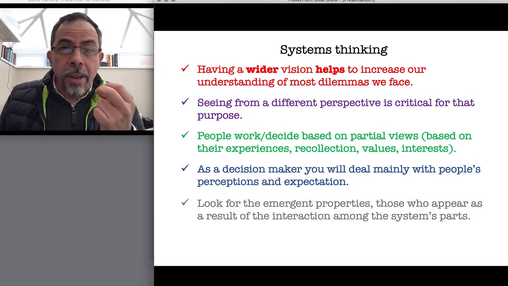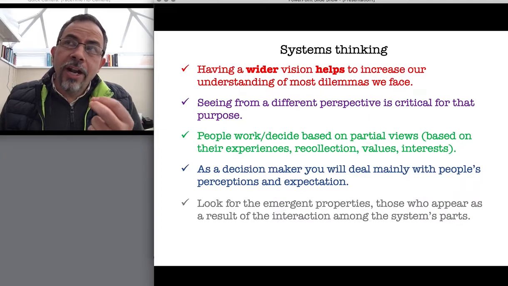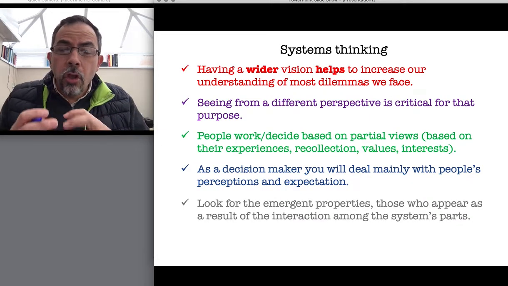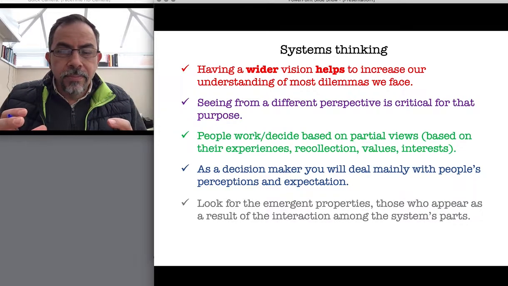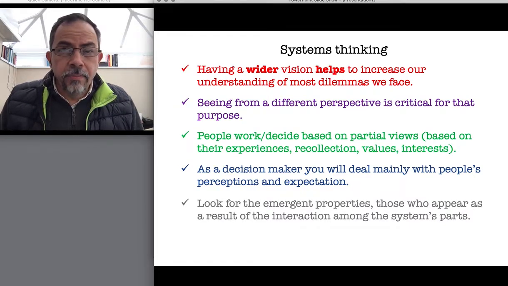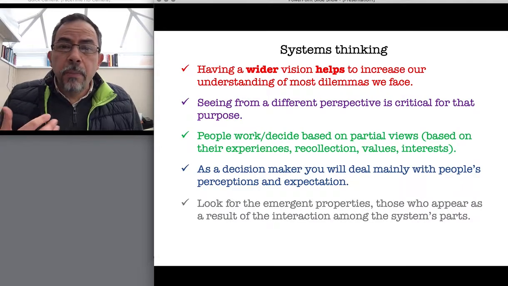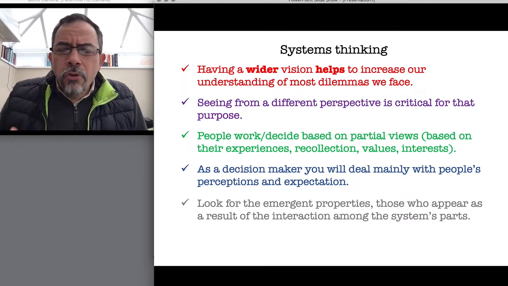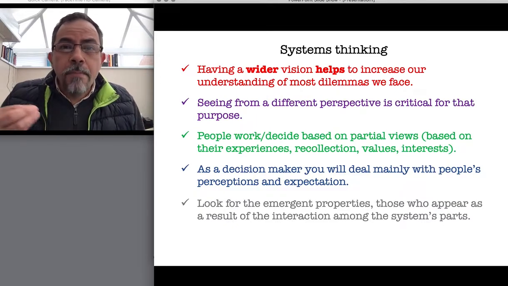Those are properties which are not associated with one of the elements, but are the product of the interaction among the system's parts. So make sure those emergent properties appear. What can be the product of the interaction of two people? New ideas, better ideas, new projects, learning. All those are emergent properties.